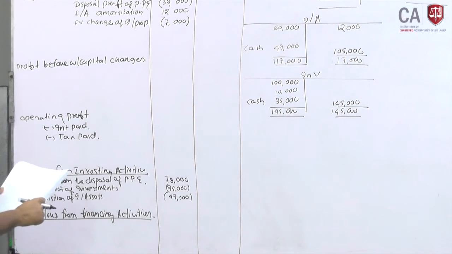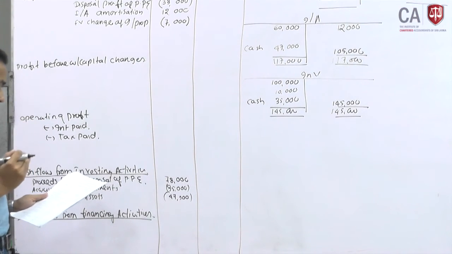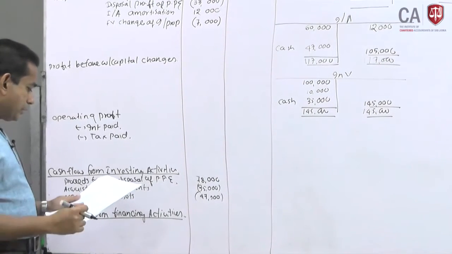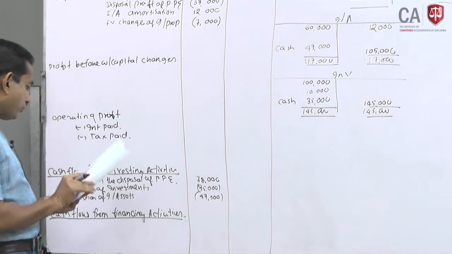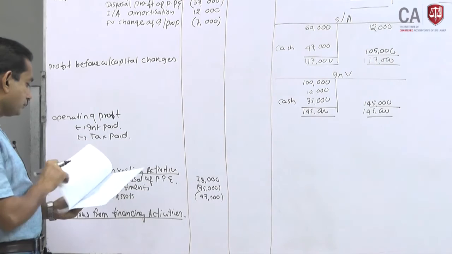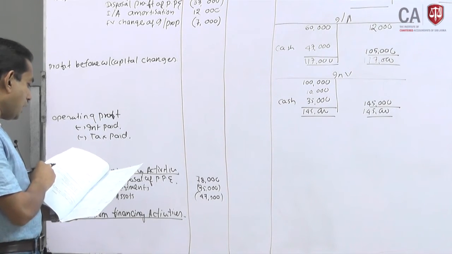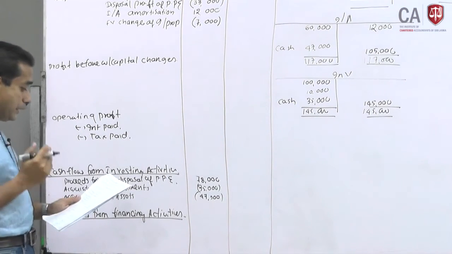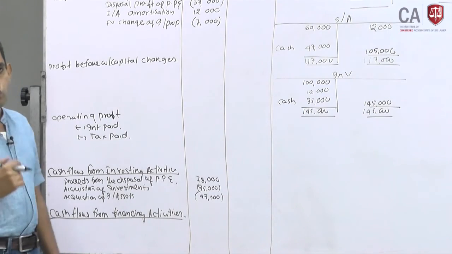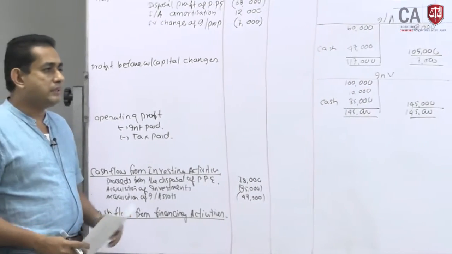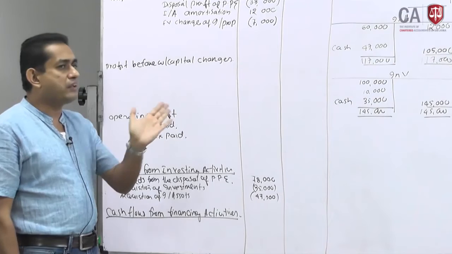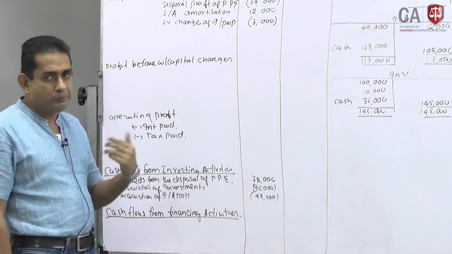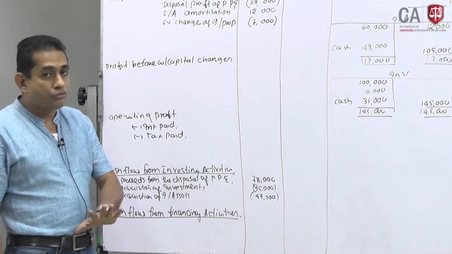Inventories, what is the change? 127 at the beginning, closing 141, the change has to be 14,000 rupees if I am not mistaken. Inventories increased by 14,000. What happens when inventories increase? It is like you debiting inventory account and crediting cash account. So, it has to be a cash outflow.